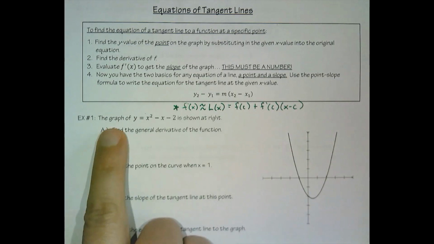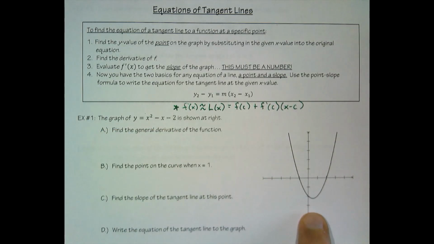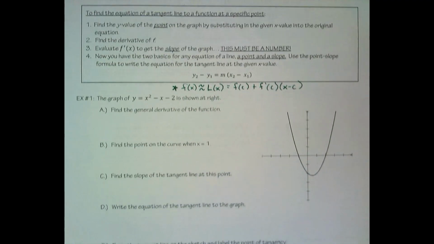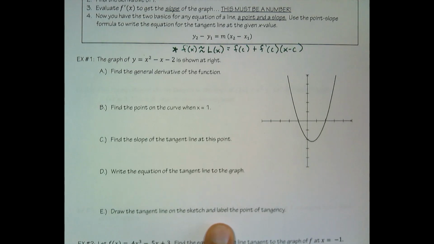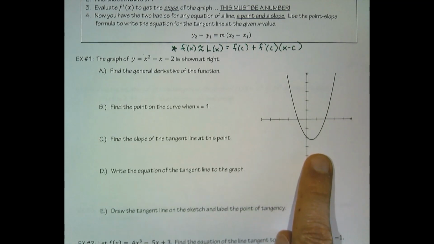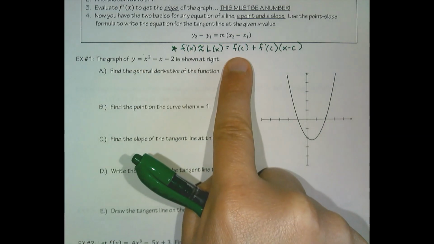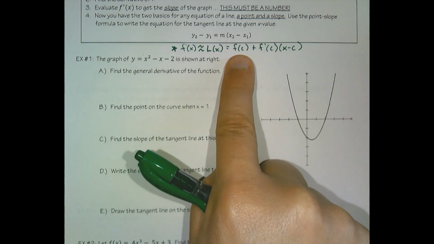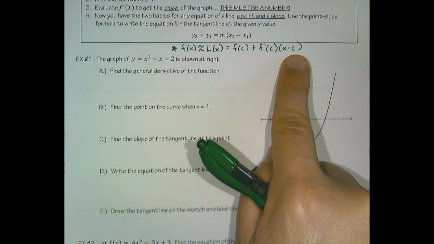So we're given the graph of x squared minus x minus 2. This is a parabola, and the end goal is to write the equation of the tangent line and then draw the equation of the tangent line on the graph. So the first thing that we need to do is recognize that in finding the tangent line, we need to know the value of the function and the value of the derivative, as well as where we're doing the tangent line.